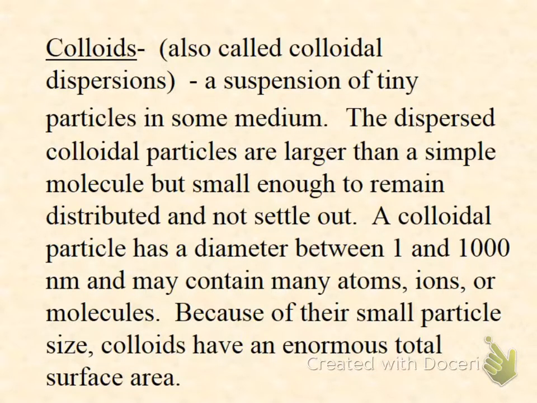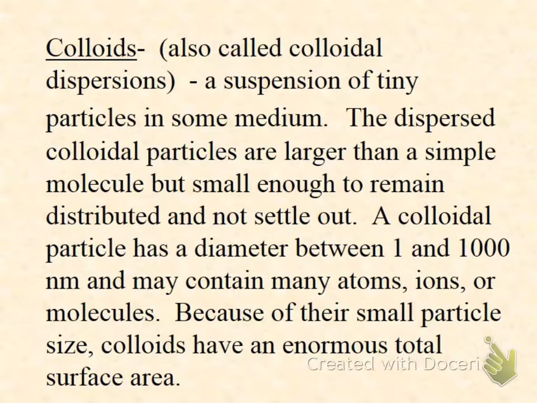Okay, sorry about that, another interruption. Colloids are, remember from when we did types of matter, a heterogeneous mixture. They're basically those medium-sized particles that don't settle out like in a suspension, but they're too big to be a solution, and so they're dispersed throughout the colloid.